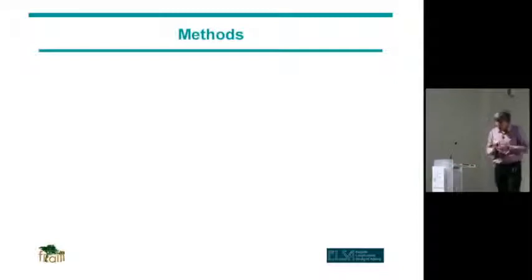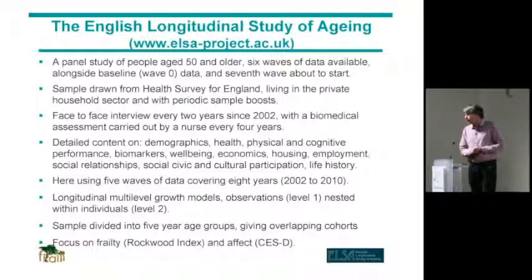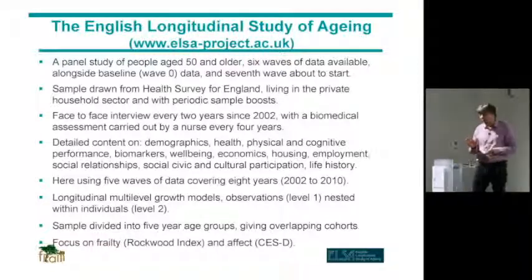So, I'm going to say something very, very briefly about methods, just to let you know what I'm doing and what kind of data I'm using. For the pieces of data that I'm going to show you, I'm going to use the English Longitudinal Study of Ageing, which I've been involved in since its inception, working with Michael Marmot, James Banks and others.